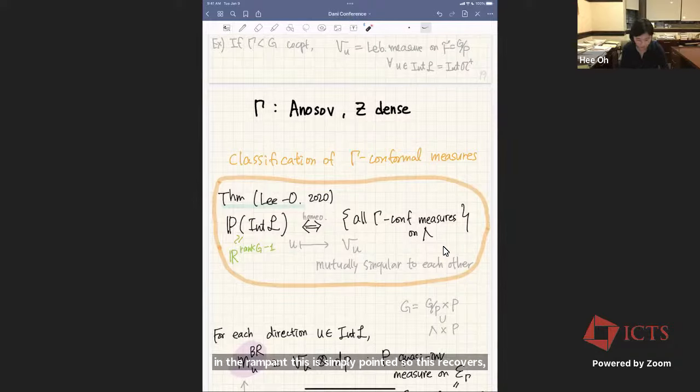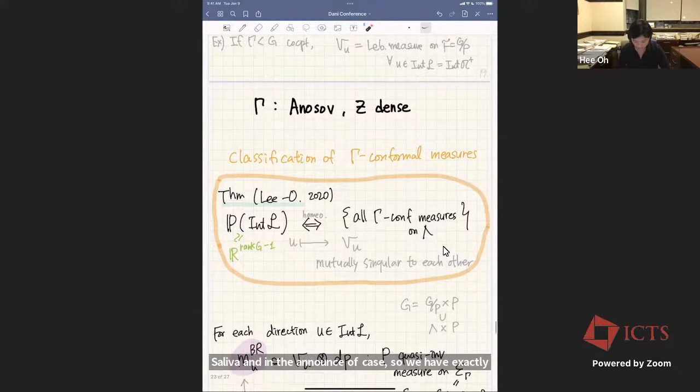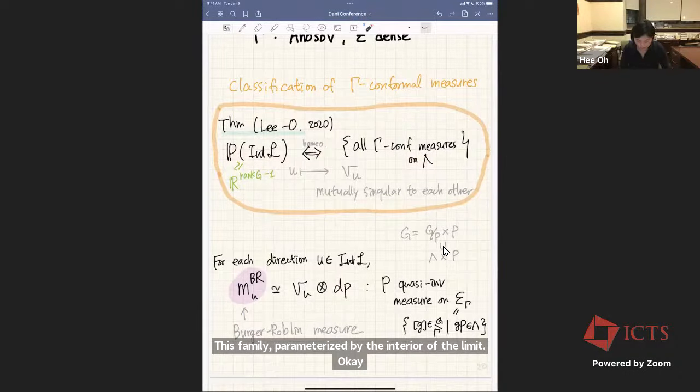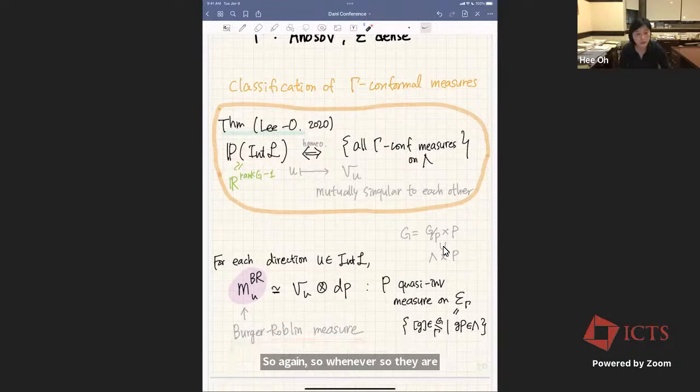In the Anosov case, we have exactly this family parameterized by the interior of the limit cone. Therefore, for the Anosov case, we also get the family of Burger-Roblin measures, for each direction in the interior of the limit cone, which are also mutually singular to each other, because these conformal measures are singular to each other. And so we get this P quasi-invariant measure, which is supported on E of gamma.